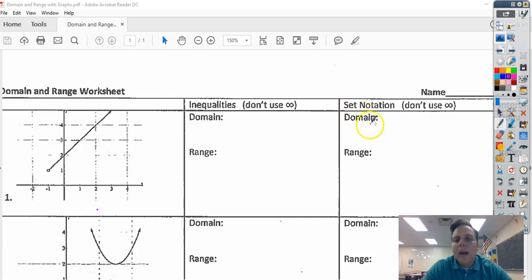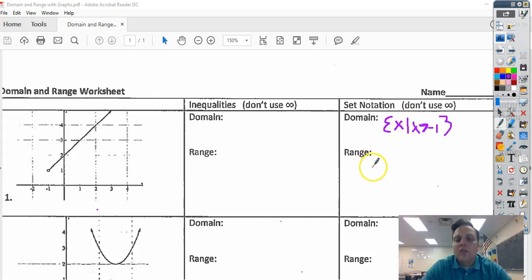So if it's domain in set notation, all you're going to do is draw yourself a curly bracket. Since this is domain, we use the variable x. You're going to write an x, and a straight line. And then you're just going to write x is greater than -1, because that's what the inequality format was. So set notation is simply the inequality notation including x and a straight line.